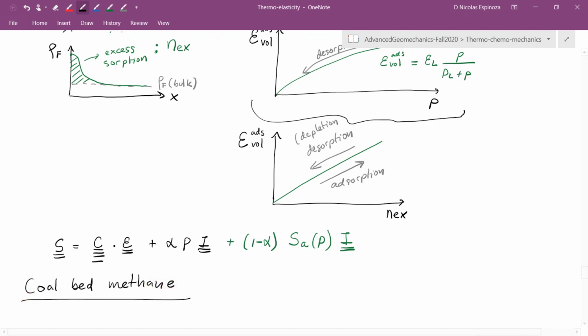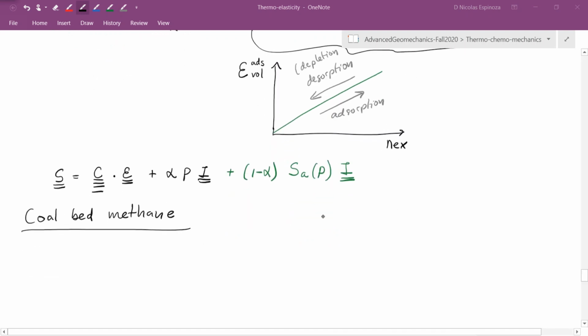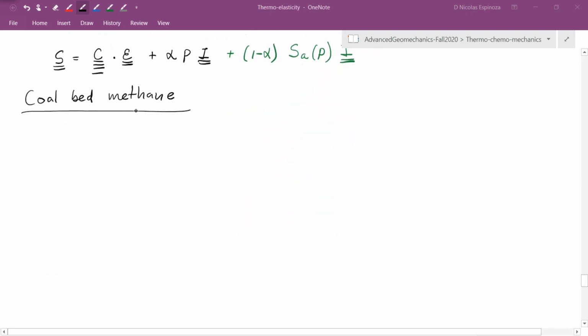Coal beds are a type of geological formation, but especially coal bed methane, or I would say unminable coal beds, are those coal beds which are too deep to be mined. So instead of mining them, something else that you can do is to extract the methane out of those.